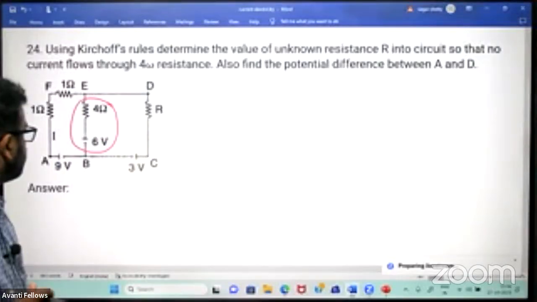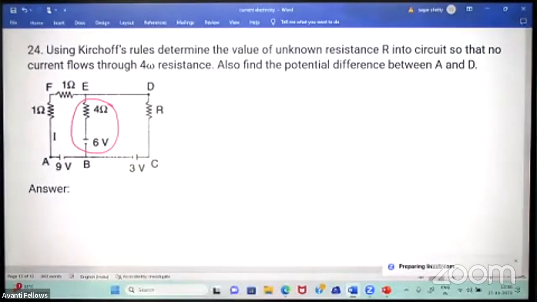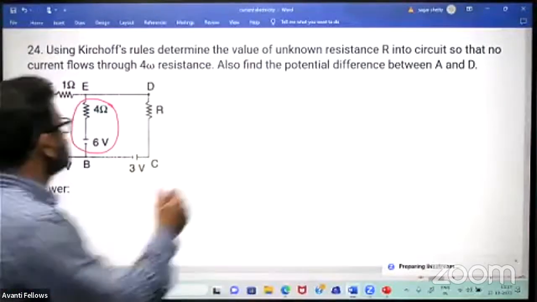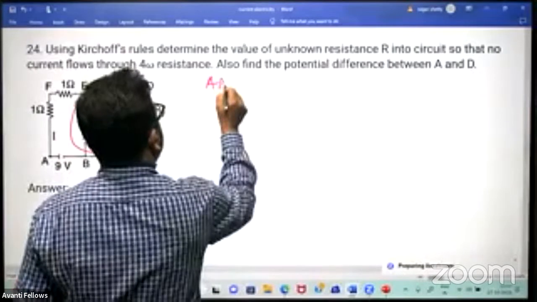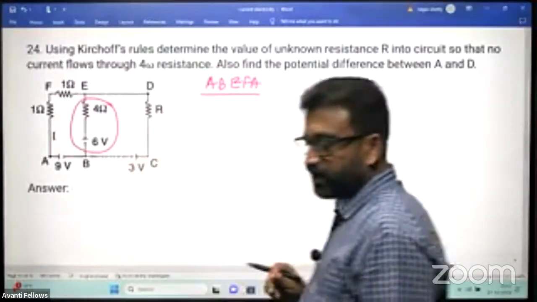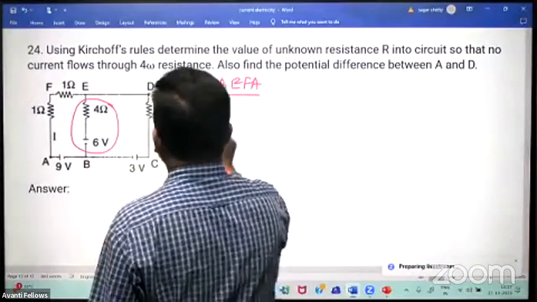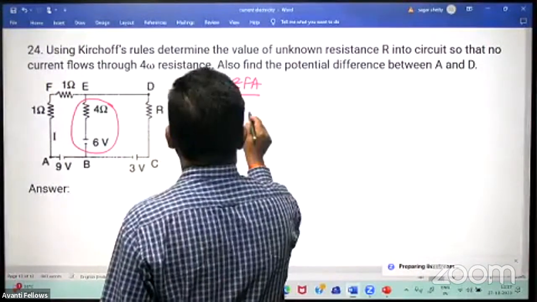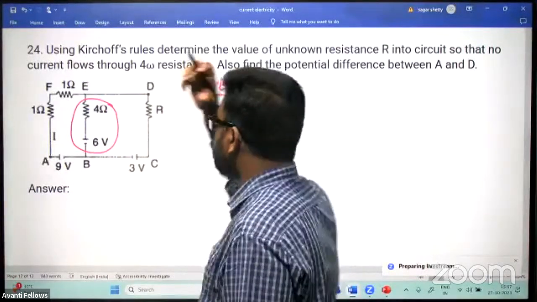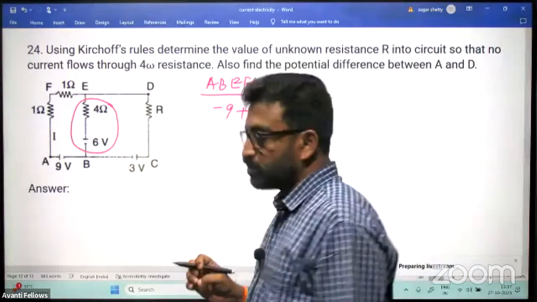Now let us take the loop ABEFA. So minus 9 plus 6. This is 9, this is 6, and 1 ohm and 1 ohm.